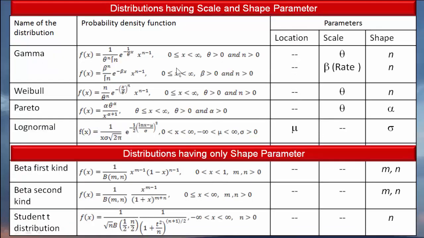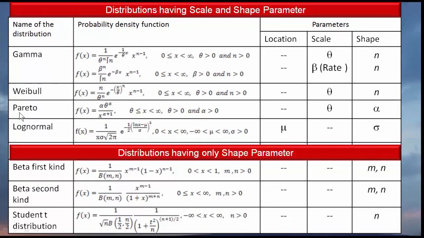The gamma, Weibull and Pareto distributions have a scale parameter and a shape parameter. But the log normal distribution has a location parameter and a shape parameter. And these are the distributions having only a shape parameter: the beta distribution of the first kind, beta distribution of the second kind, and t distribution have only the shape parameter. There is no scale and no location parameter.